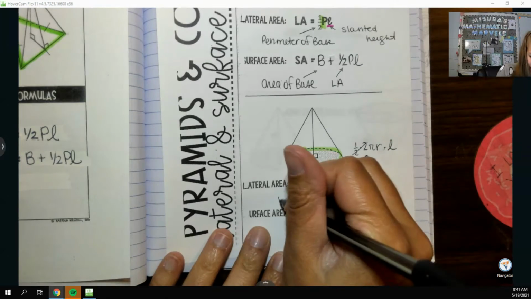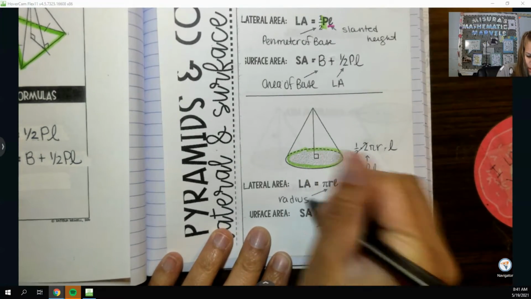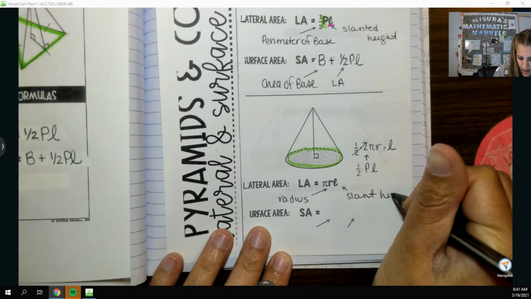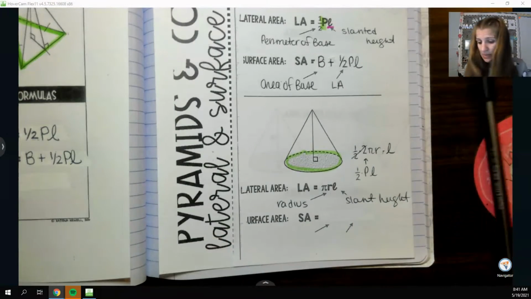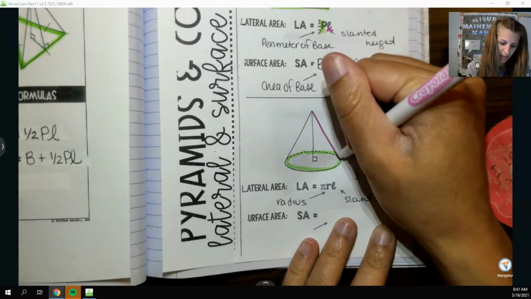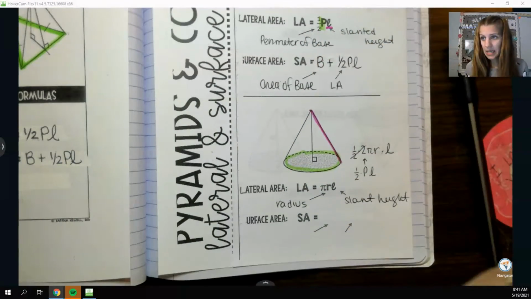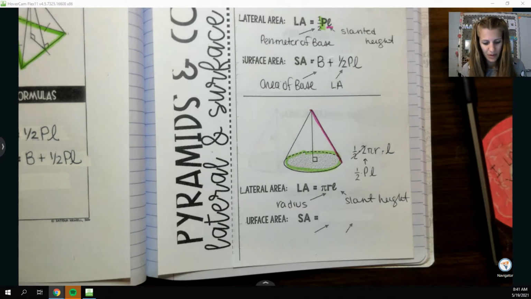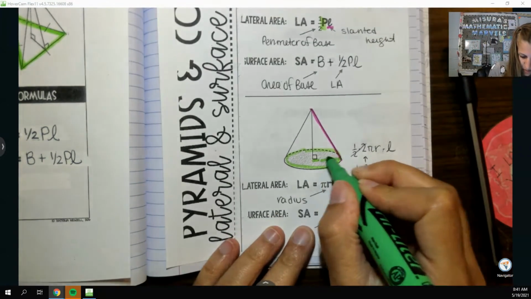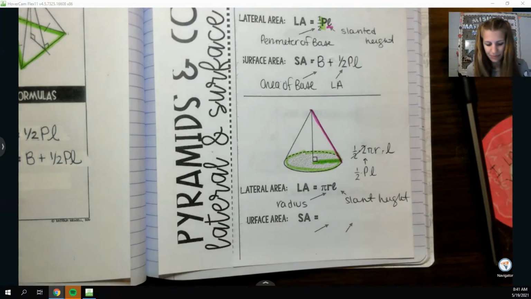Okay, so r is my radius, and then L is still the slanted height, which again, in this picture here is not that one. It's kind of this one, because that's the slanty height. Also, we'd want to get that radius drawn in there. Like that.